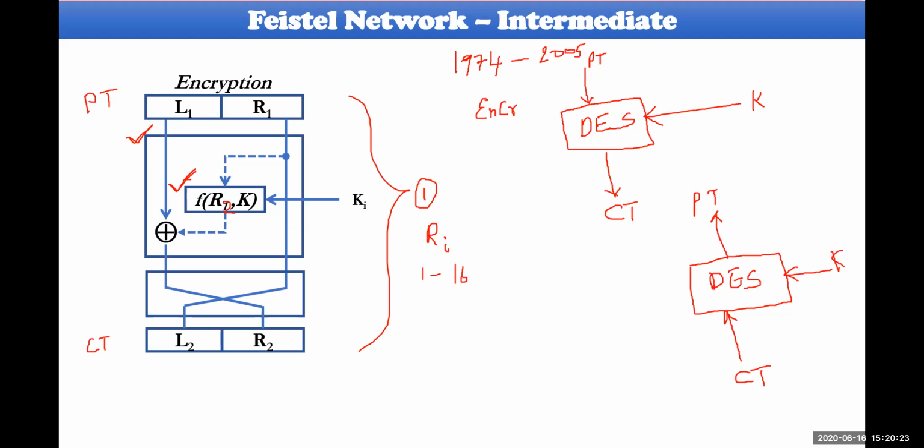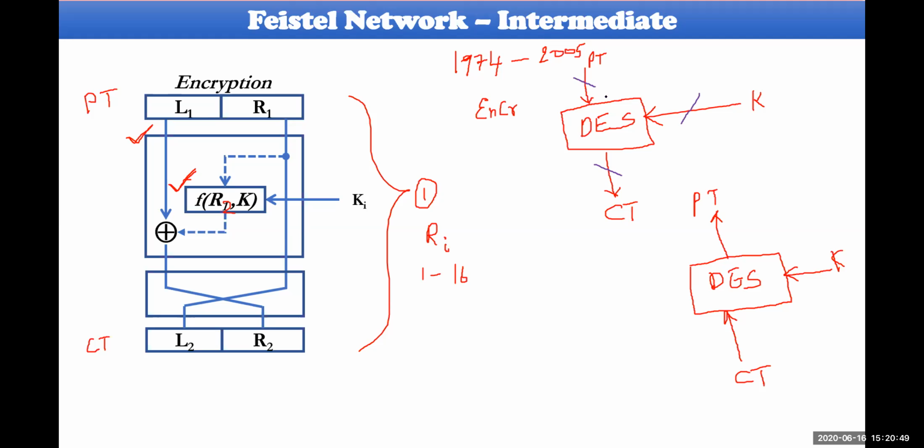So here we need to know some very important points while discussing this particular DES. That is, what is the size of the plain text? What is the size of the key? What is the size of the ciphertext which is provided after running the whole DES? And what is the size of this particular key? These three aspects are very, very important for us.